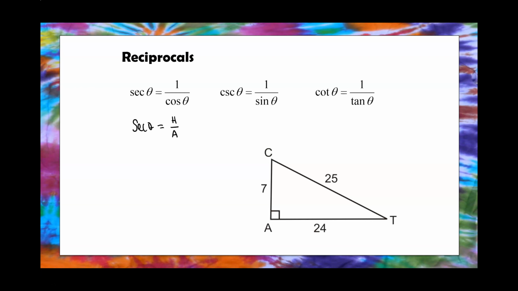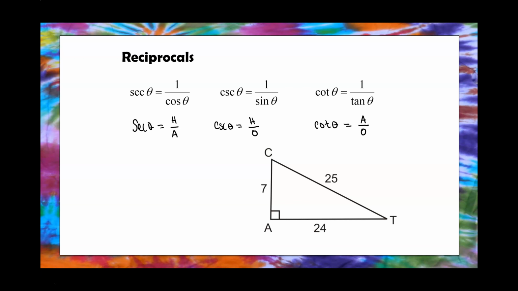Cosecant is going to be the reciprocal of sine. Well, if sine is opposite over hypotenuse, then cosecant theta is going to be hypotenuse over opposite. Cotangent of an angle, cotangent theta, is the reciprocal of tangent. Tangent, of course, is opposite over adjacent, so we flip that and we get adjacent over opposite.